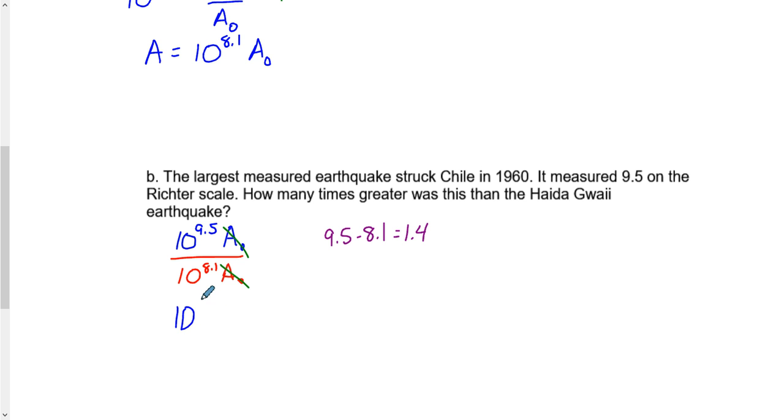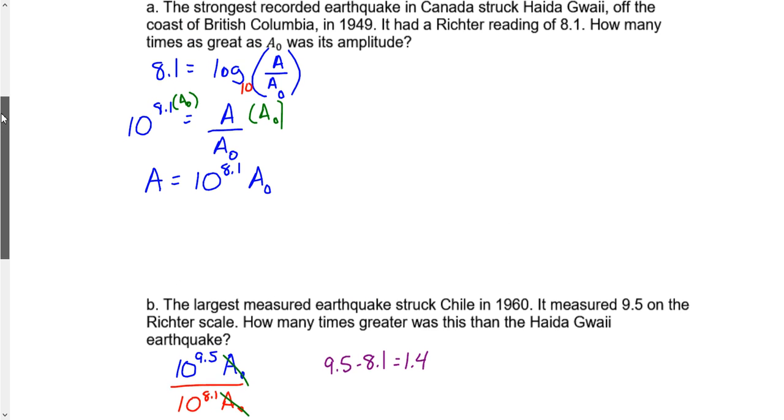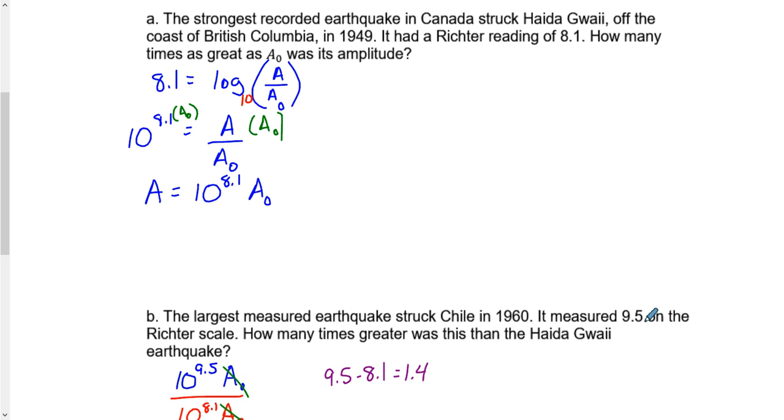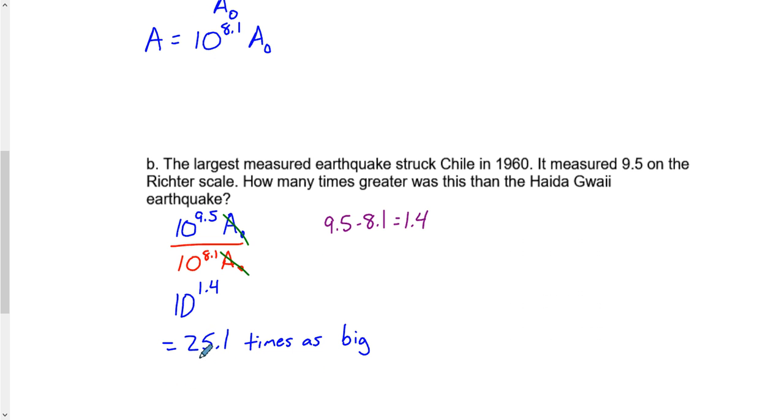And 10 to the power of 1.4 is 25.1 times. It's 25.1 times as big. So just because it had a Richter scale reading only 1.4 higher, it was actually 25 times stronger.